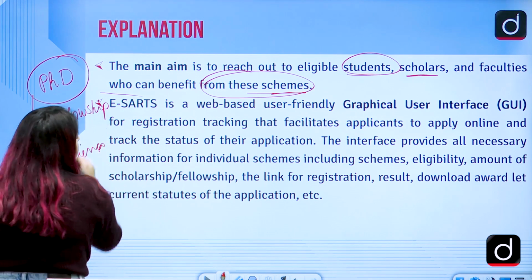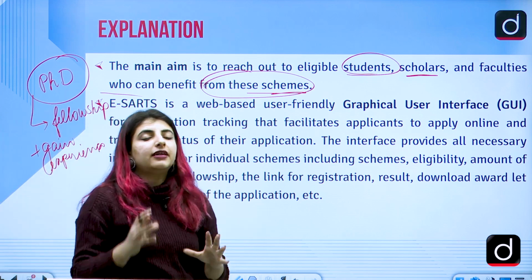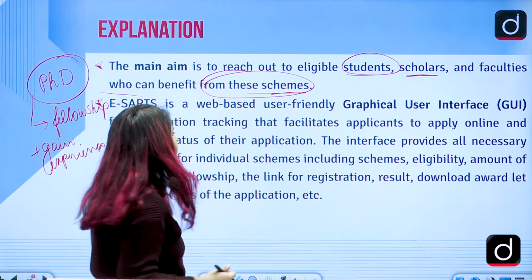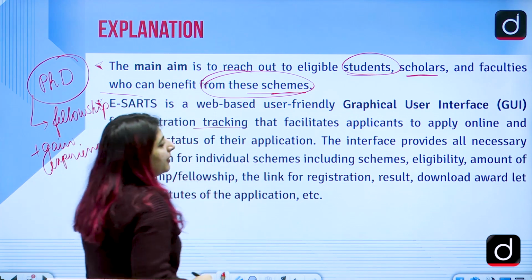It is a web-based, user-friendly graphical user interface, which means it is a very friendly interface that anyone can use easily. It includes tracking that facilitates applicants to apply online.